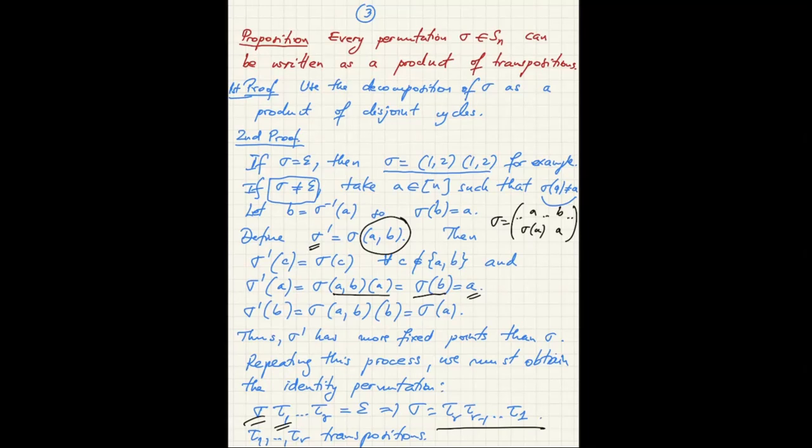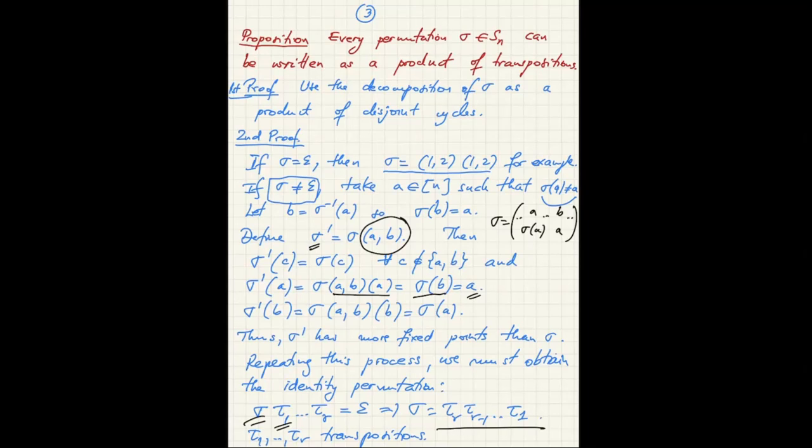The way that works is you find the first person that is not in the right place, and you move that person to their correct place by switching them with the other person who's occupying the place. That's a transposition, and you continue this until everybody's put in their own place. So I hope this makes sense.